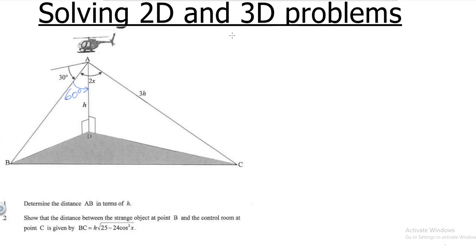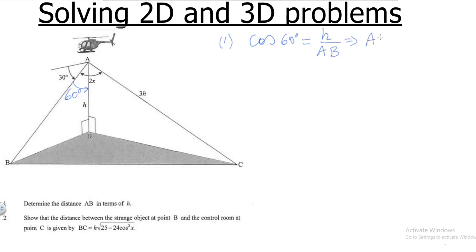Therefore, we are going to use cos because it's adjacent. So cos of 60 degrees equal to h over AB. That is just the hypotenuse.